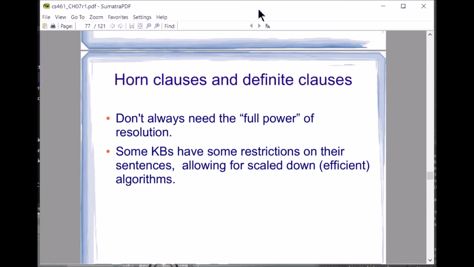There are times when you have knowledge bases with a certain set of restrictions on the sentences they can have. If they have that, then they can use a more restricted and thus more efficient inference algorithm, so the algorithm can be scaled down and be required to do less work.